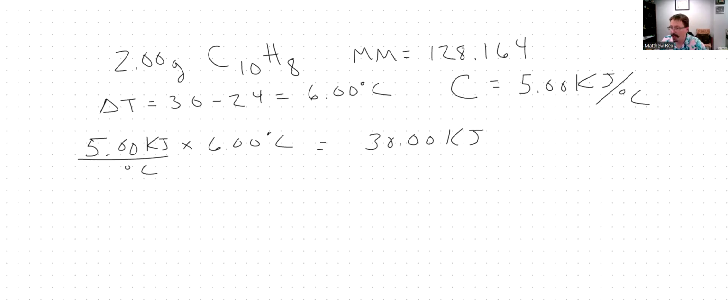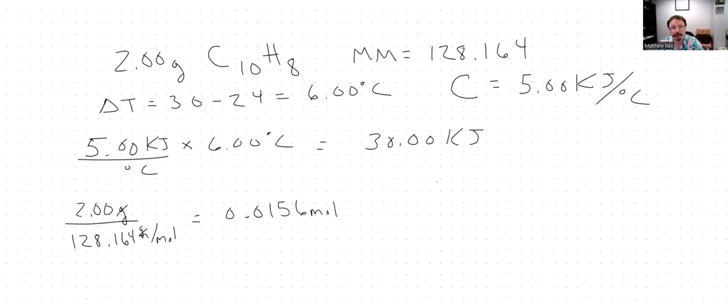And we want to know how many kilojoules for a mole. So we need to find out then from that 2 grams, how many moles of naphthalene is that? So we would divide by the molar mass, and that is 0.0156 moles.